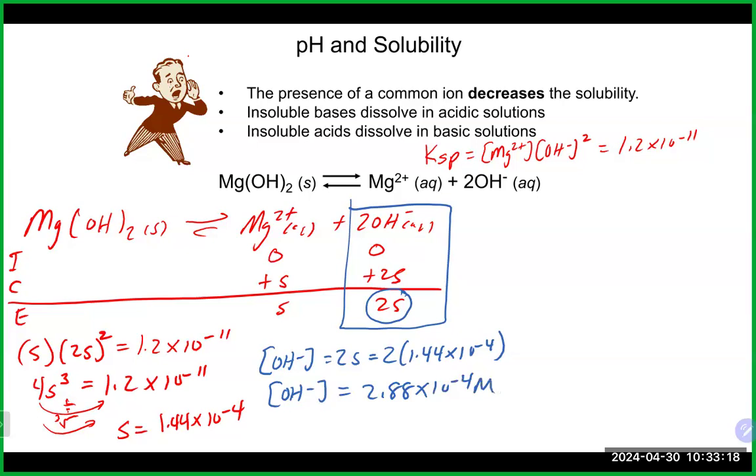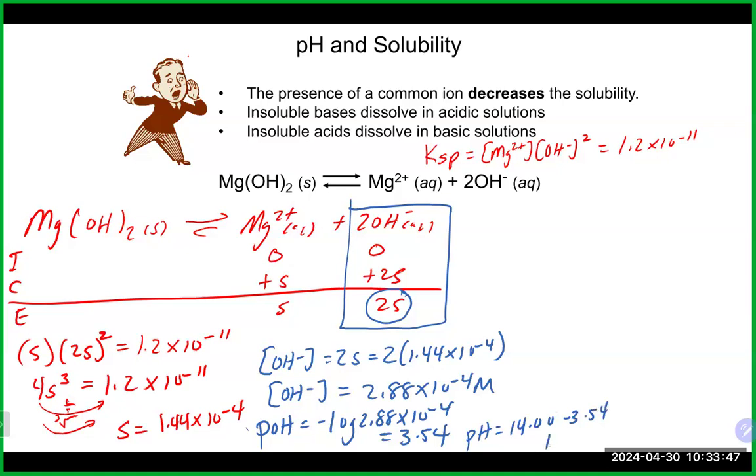That's going to allow me to calculate the pOH, minus the log of 2.88 times 10 to the minus 4. Do a little minus the log action there. That's going to give me a 3.54 pOH. If I then subtract it from 14, that means that the pH here would be 14 minus 3.54.